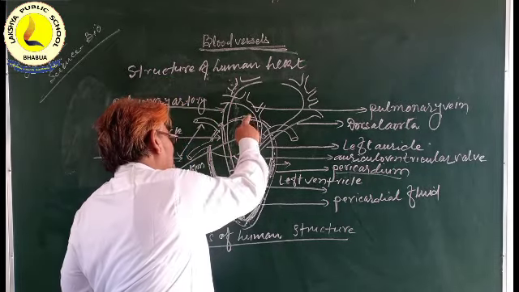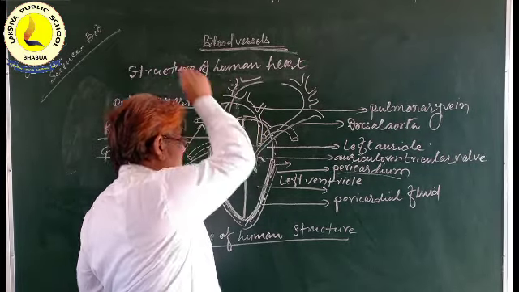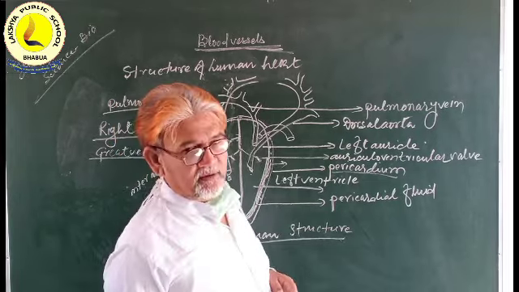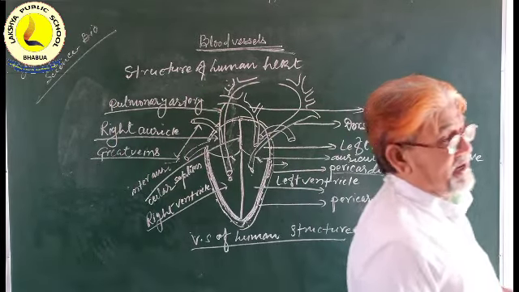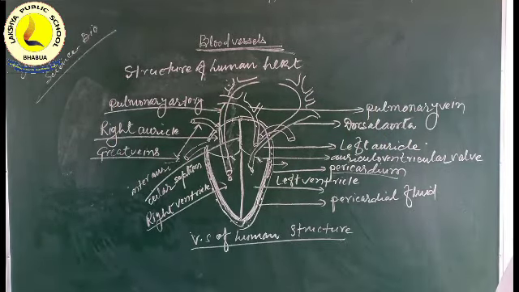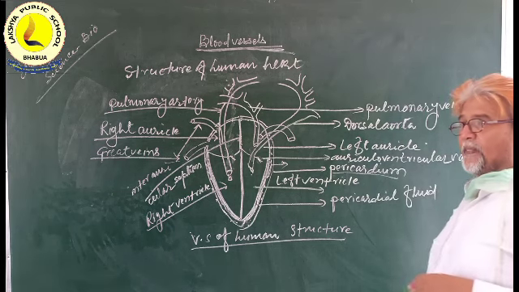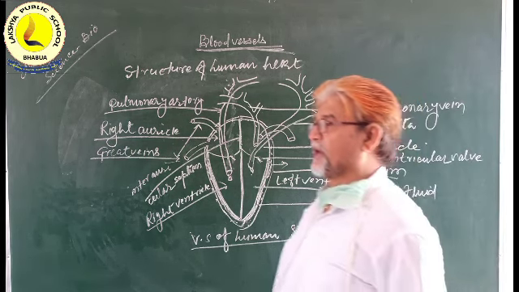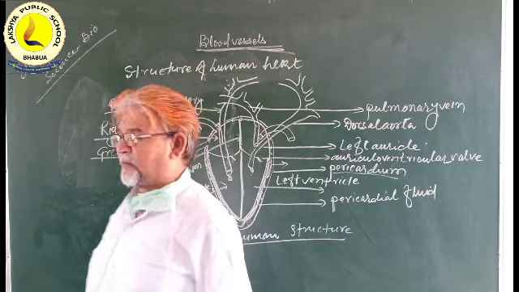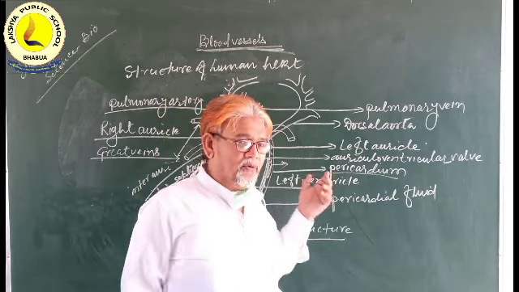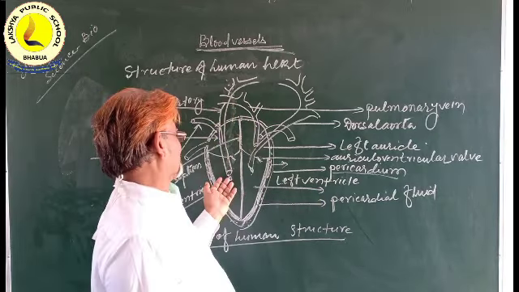In between the two auricles, there is a septum, and the name of this septum is the interauricular septum. Now I would like to say about the function of the auricles.